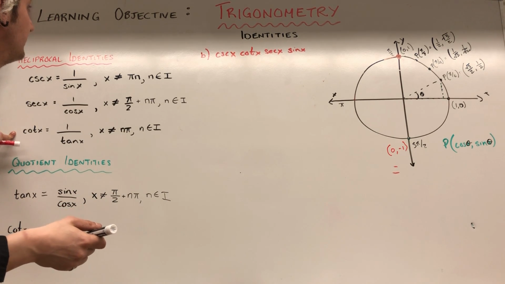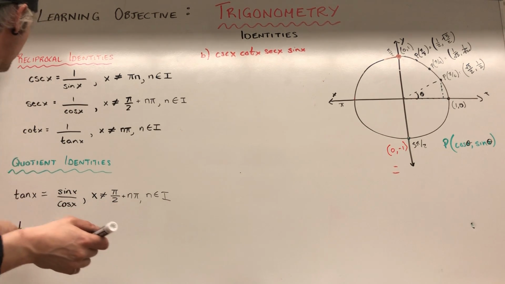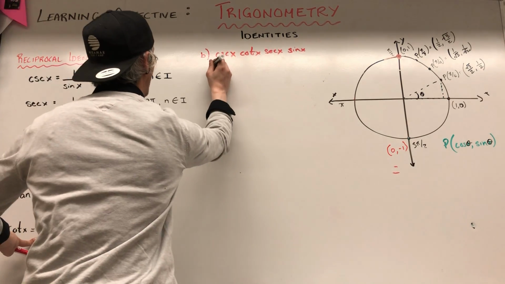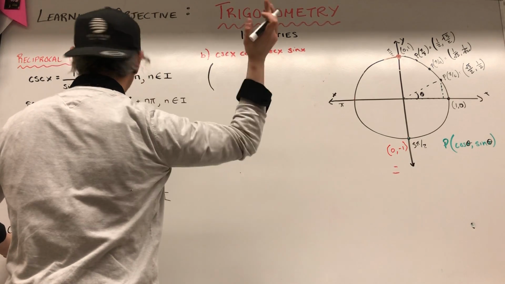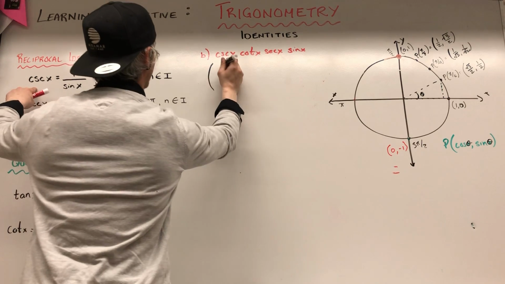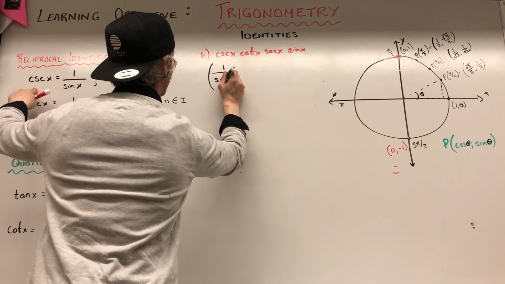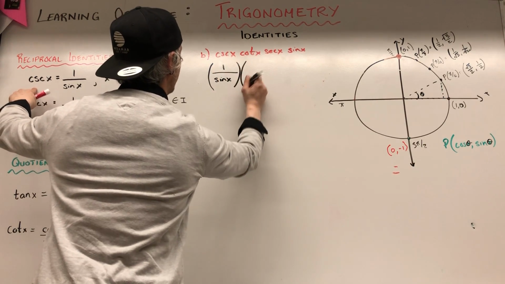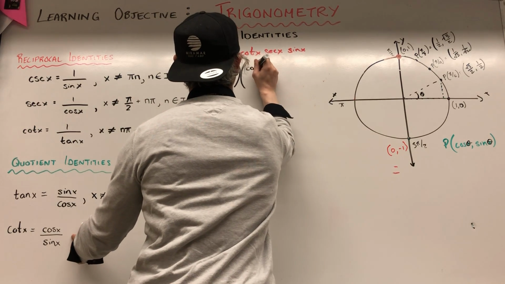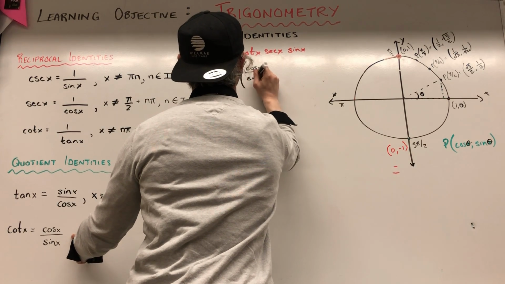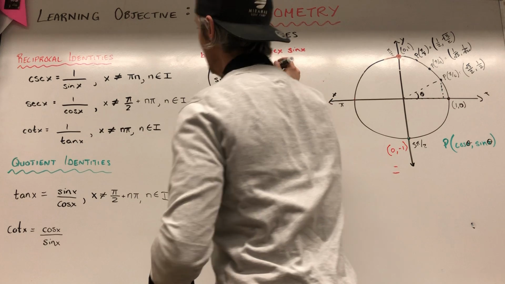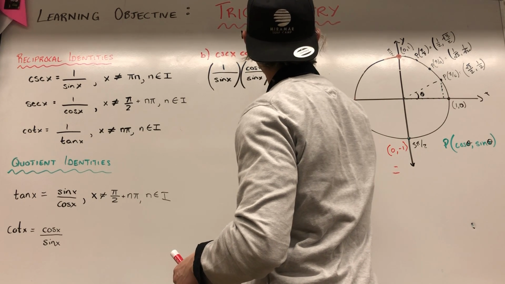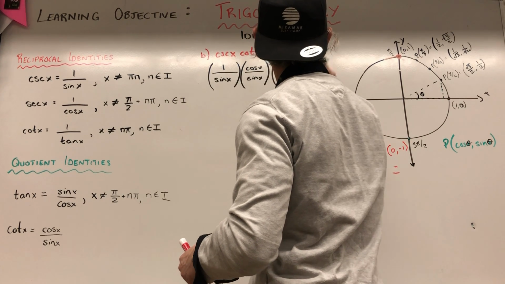I'm trying to get this down to one of these 3, so I'm going to bring them all the way down to their basic trig functions. That's the strategy. Cosecant is 1 over sine x. Cotangent is cos x over sine x. Secant is 1 over cos x, and then we have sine x.